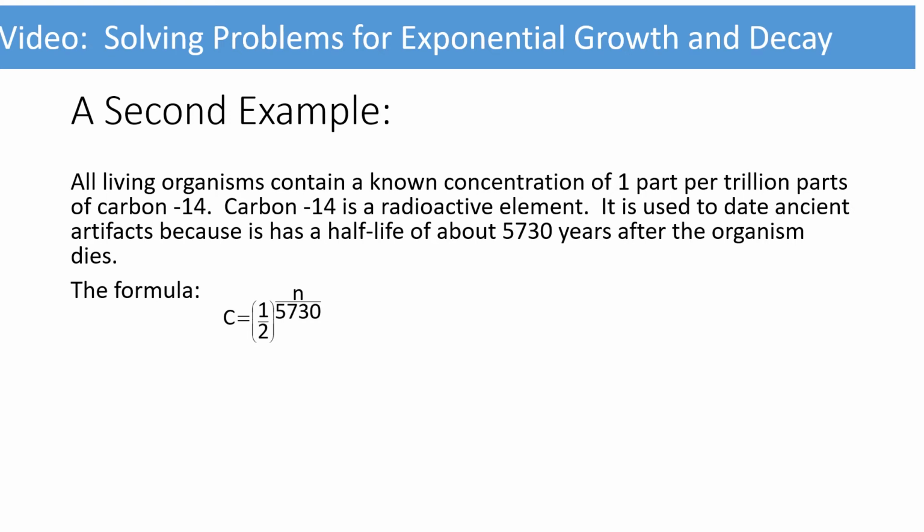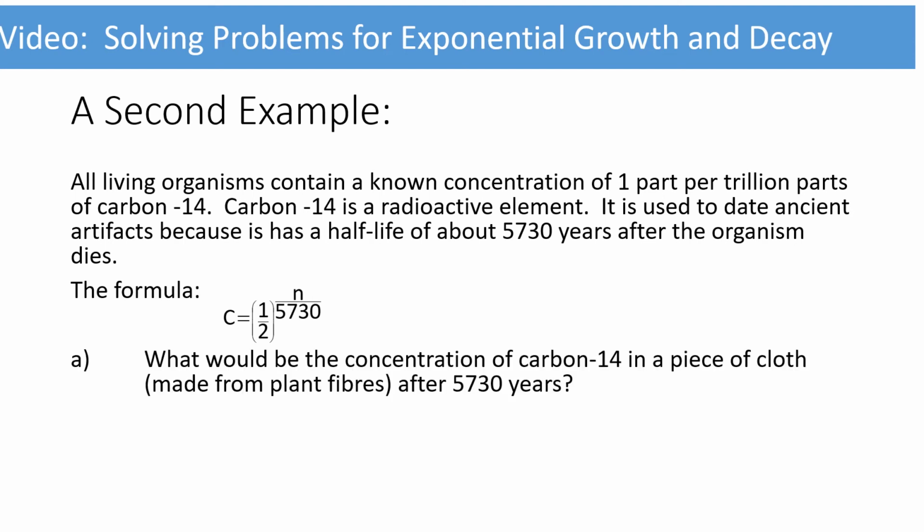So this is a decay question because our value is half-life. We want to know over how much time, so N, and one half-life, one cycle, one period is 5,730 years.